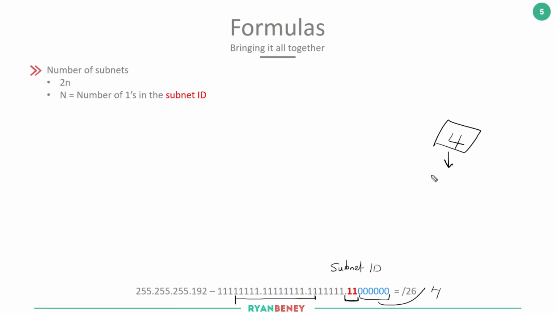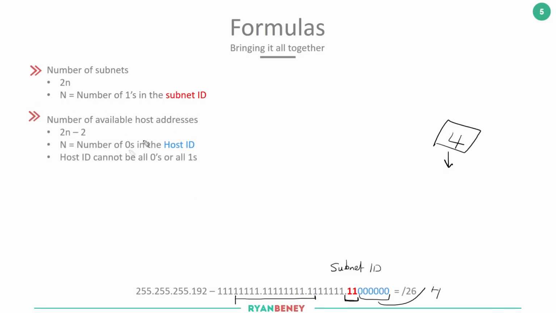Now, how many hosts are in each network? We figure that out by doing the next formula, which is 2 to the power of n minus 2, where n is the number of host bits. And the reason we minus 2 is because we have the network and the broadcast address. So here we have 6 host bits, so that's 2, 4, 8, 16, 32, 64.